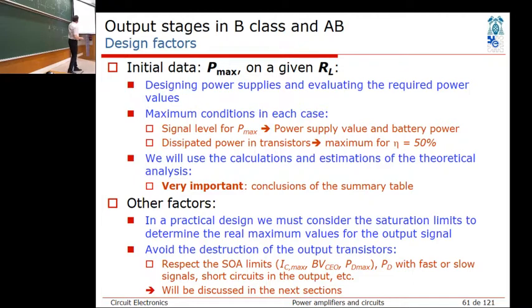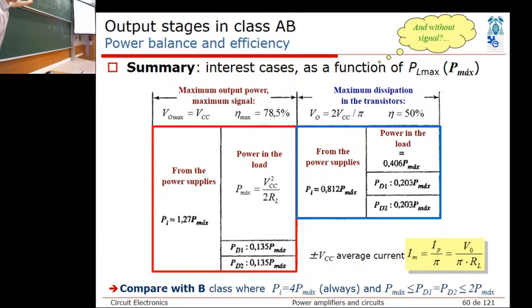Yeah, we will use the calculation estimations of the theoretical analysis. Okay, so that was our theoretical analysis. Now for that 100-watt amplifier, I would also include here some engineering factor. Designing in exactly a 127-watt power supply wouldn't do much good.